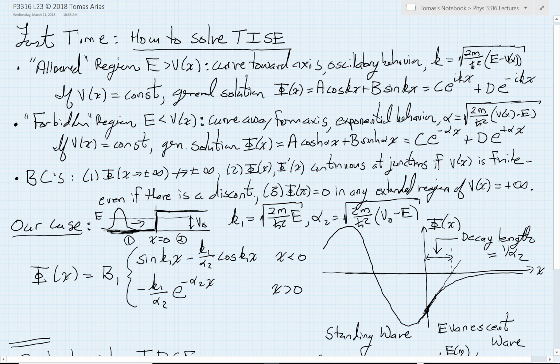If we turn now to the forbidden regions, where the energy is less than the potential, these solutions always curve away from the axis. That corresponds to exponential behavior, characterized by a local exponential constant, which takes on the following form.